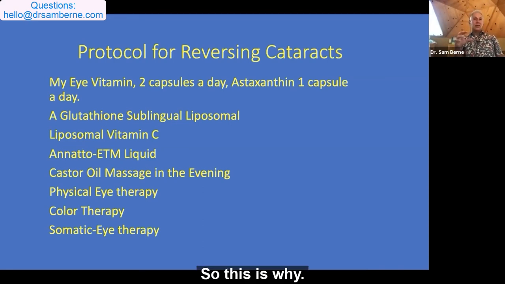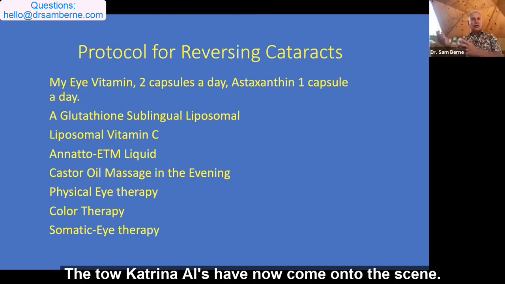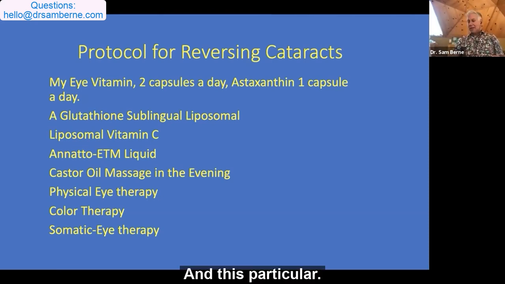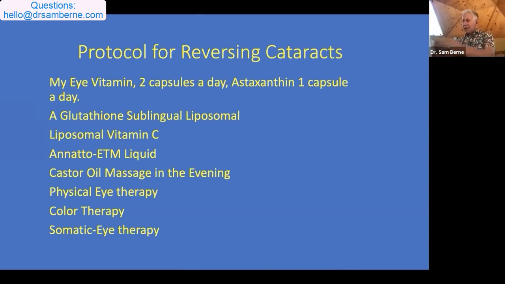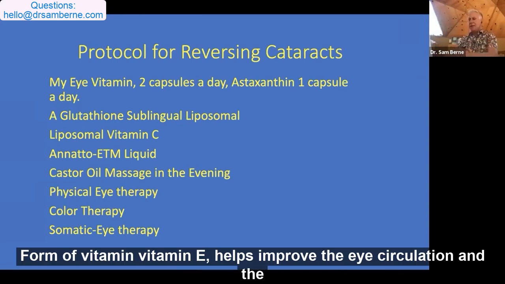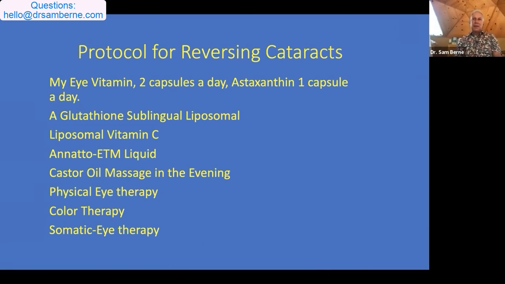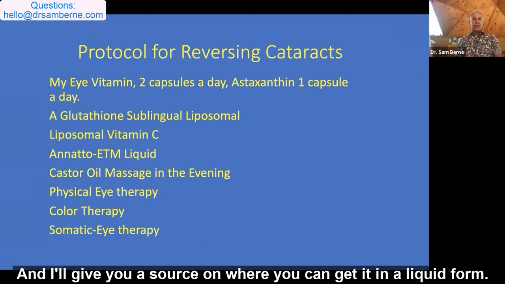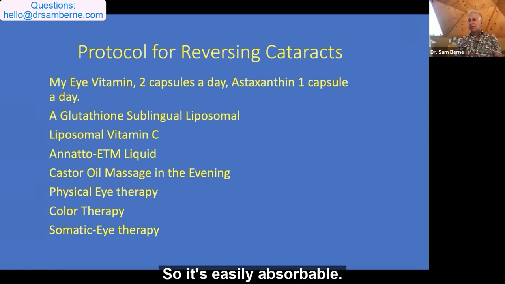So this is why the tocotrienols have now come onto the scene, and this particular form of vitamin E helps improve the eye circulation and the nutrient absorption. And I'll give you a source on where you can get it in a liquid form so it's easily absorbable.